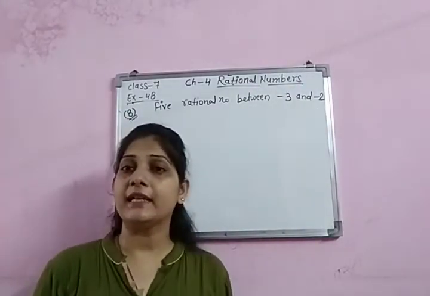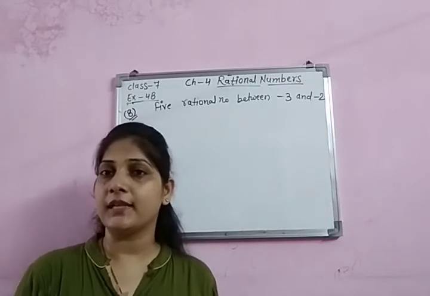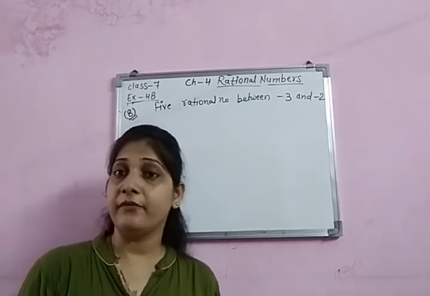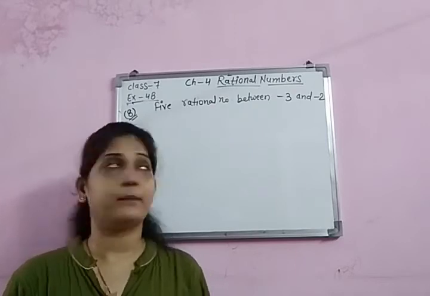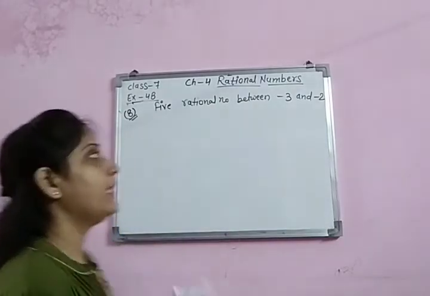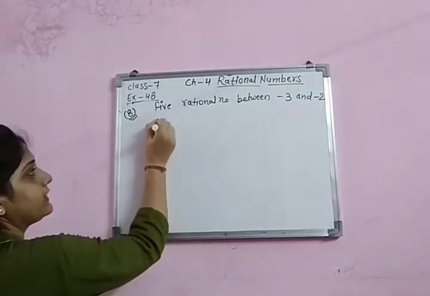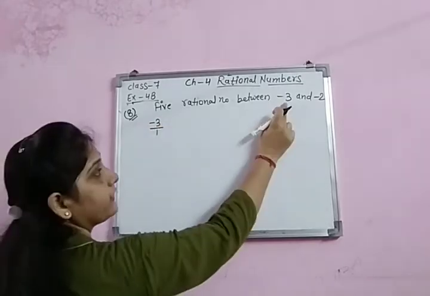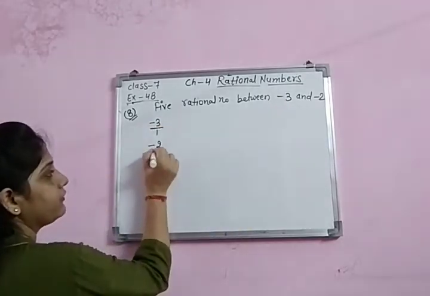Do you think that minus 3 and minus 2 are rational numbers? Yes. Every integer is a rational number and these are integers. Now, let's see. What is their denominator? Negative 3 by 1 and this is negative 2 by 1.